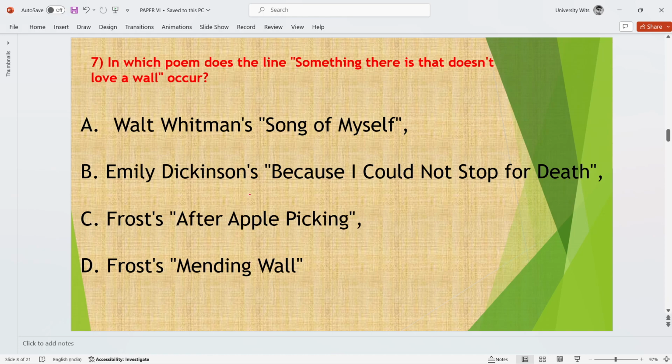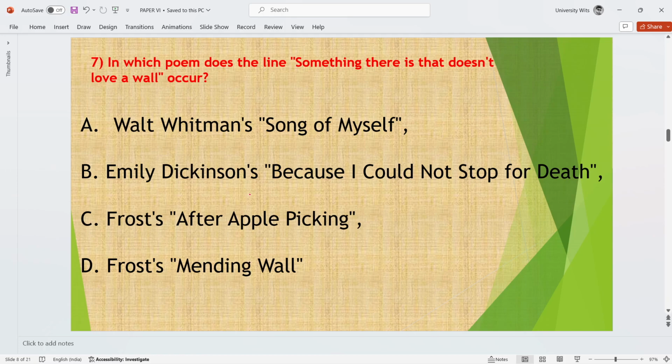Because this is the famous line: Something there is that doesn't love a wall. This is a famous line that comes from Robert Frost's poem, Mending Wall. You will get this in your SLM also, and it appears right at the beginning of the poem, and it establishes a central theme about the tension between isolation and connection.